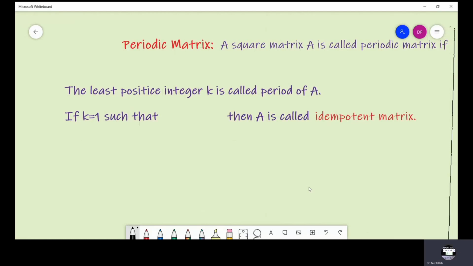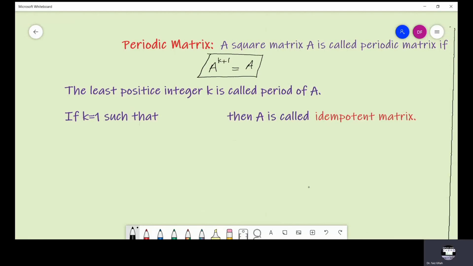Periodic matrix. A square matrix A is called a periodic matrix if it satisfies A power k plus 1 is equal to A, where k is a positive integer.